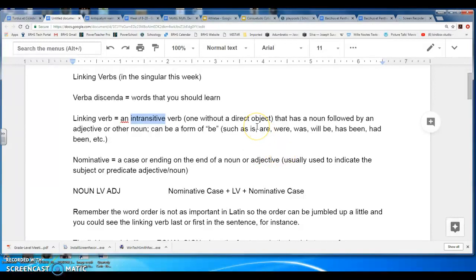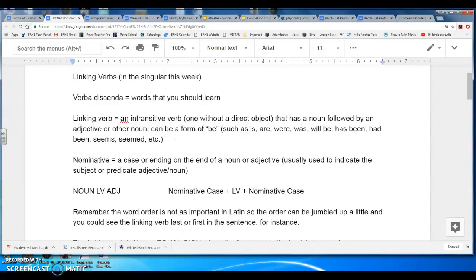So is, are, was, were, will be, has been, had been, will have been. Those are linking verbs. Also, seems is a good example of a linking verb, or seemed. But for right now, we're just going to talk about is. That's all we're talking about for this week.